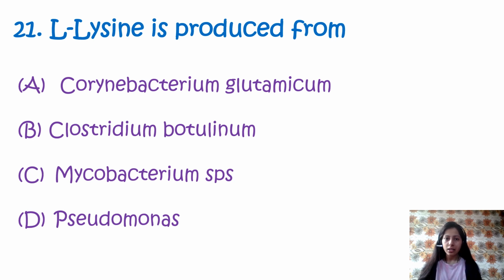They are mainly produced by submerged fermentation, mainly by Corynebacterium glutamicum and E. coli, that is Escherichia coli. ये क्या होते हैं? 2 types of fermentation methods होते हैं, वो industrially इसको produce करते हैं lysine. One is indirect fermentation and another is direct fermentation.